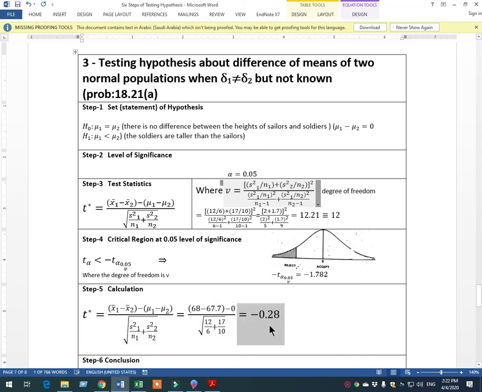By solving all this, our calculated value is minus 0.28, and our critical value is minus 1.782. So it's quite visible and clear that minus 0.28 is far less than minus 1.782. It lies in the critical region.